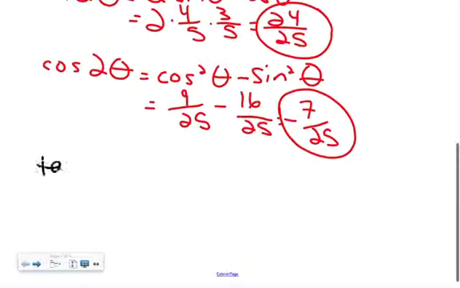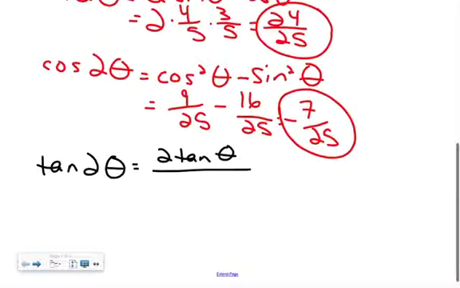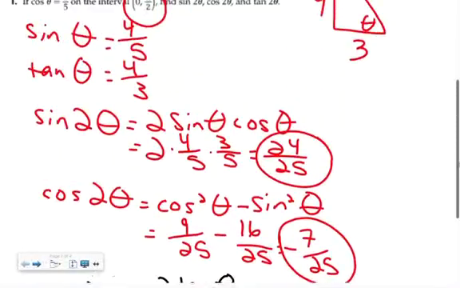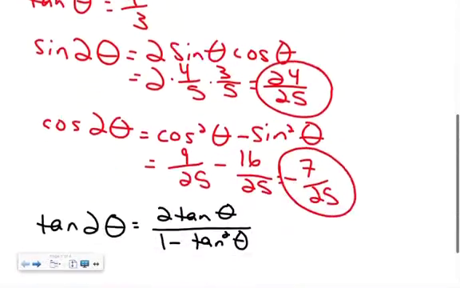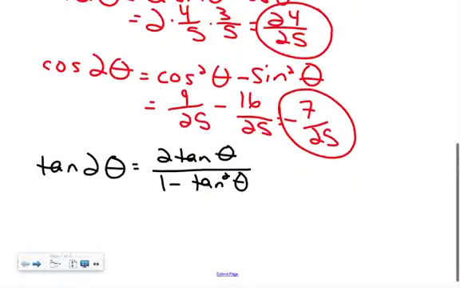Finally, the tangent of 2 theta is equivalent to 2 tan theta over 1 minus tan squared of theta. We found that the tangent of theta was 4/3.